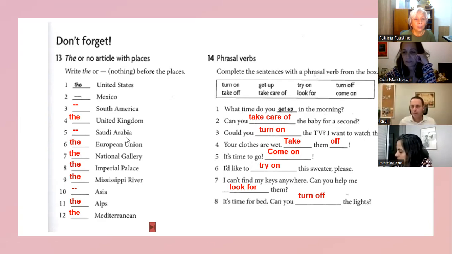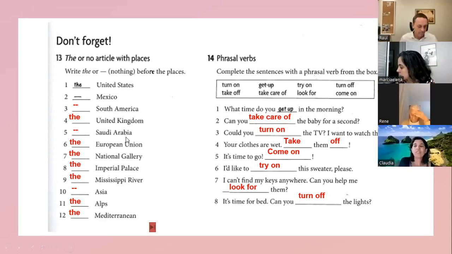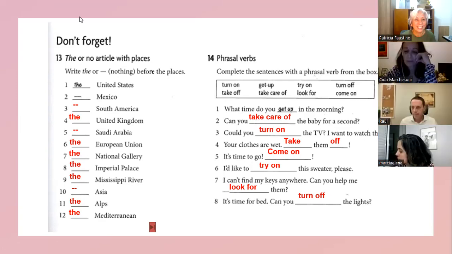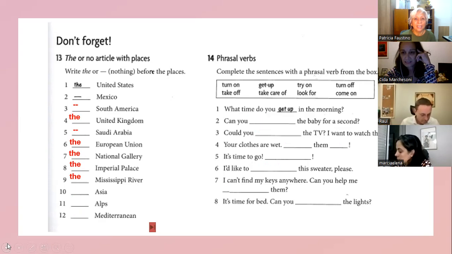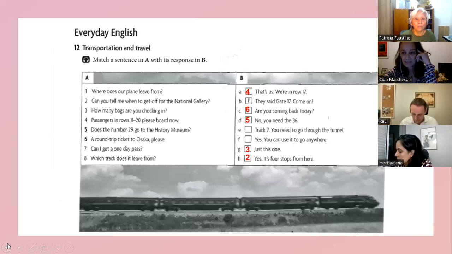Good question, Sida. Teacher, can you explain, in the other exercise, when I can say, can you tell me when to get off for the National Gallery? In this off, it means the opposite of on the bus.